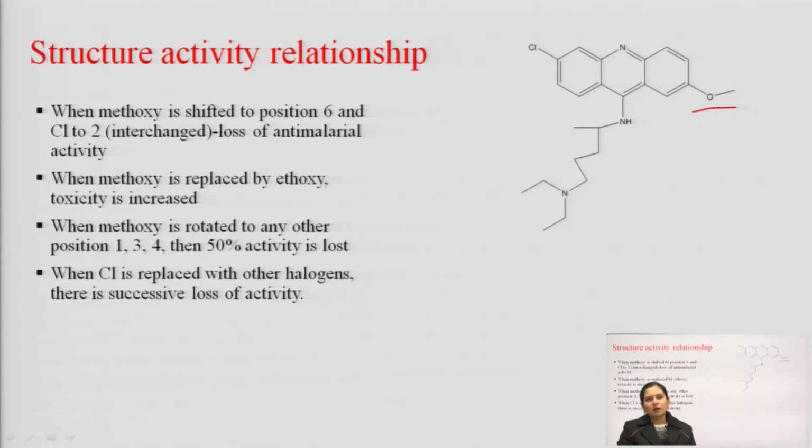When methoxy is moved to any other position, almost 50% activity was lost. If this electron withdrawing group, chlorine, was replaced by other halogens like bromine or iodine, there is a loss of activity.